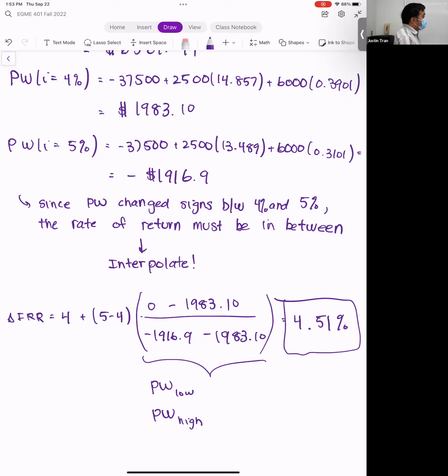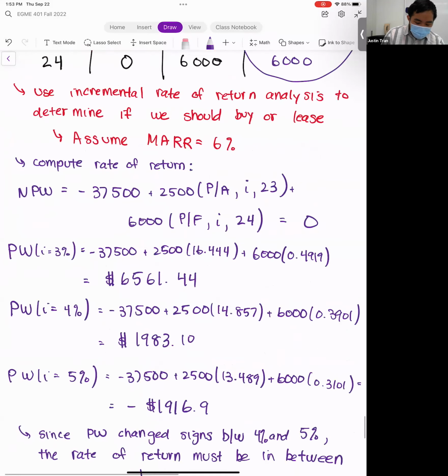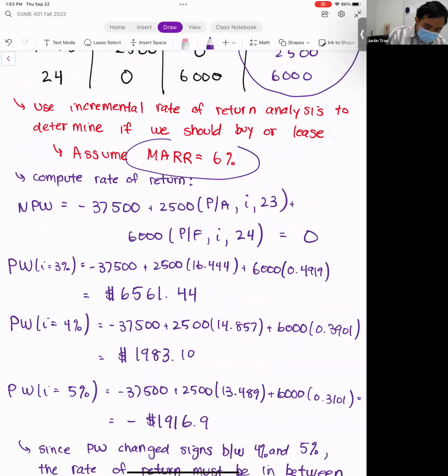What this tells us is that the incremental rate of return, the difference between buying and leasing, is a 4.51% interest rate. We're not quite done yet. Remember, what we have to do now is compare this to the MARR.